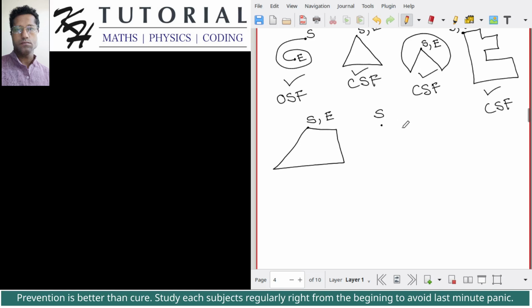But let's say this is the starting point. I have drawn this figure, and this is the end point.